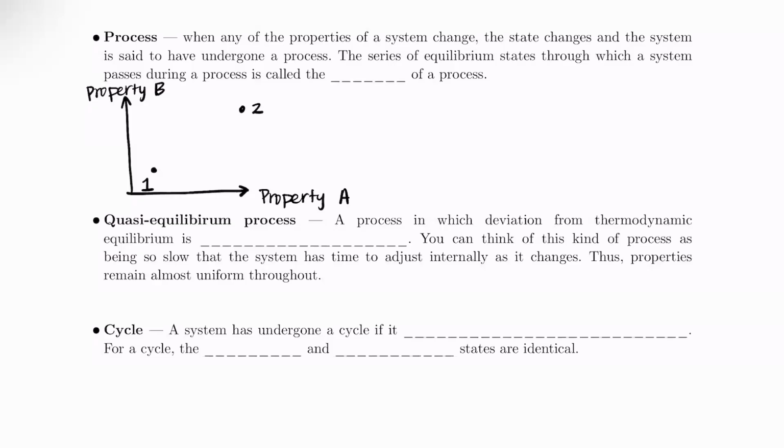So if you remember, a state is when both of your properties are fixed. And once one of those properties changes, you're in a different state, right? So each point on this chart represents a different state. So I have two states here. And so when we go through a change, which could look, for example, like this, the transition from state 1 to state 2 is called the path of a process. So this is a process path.